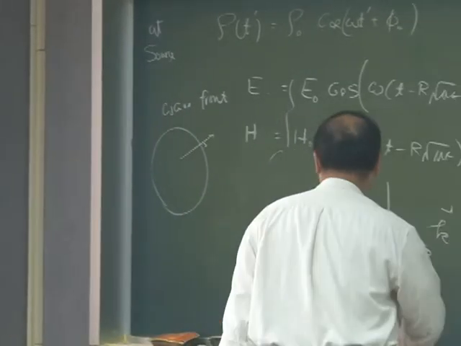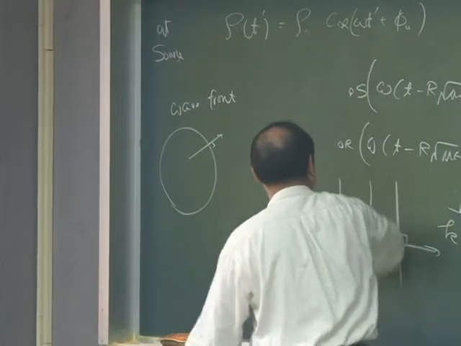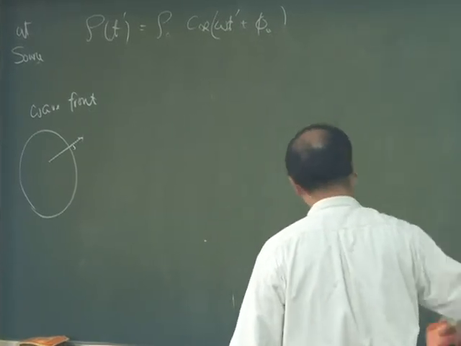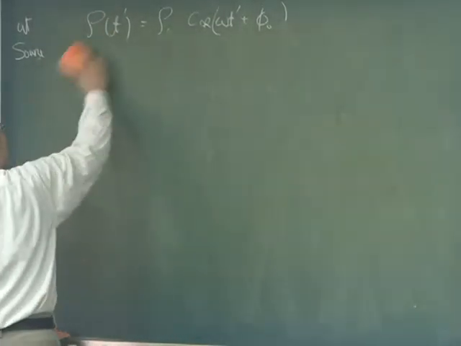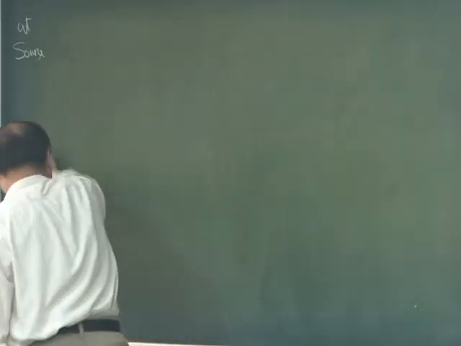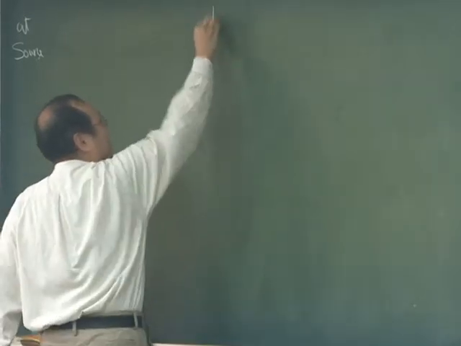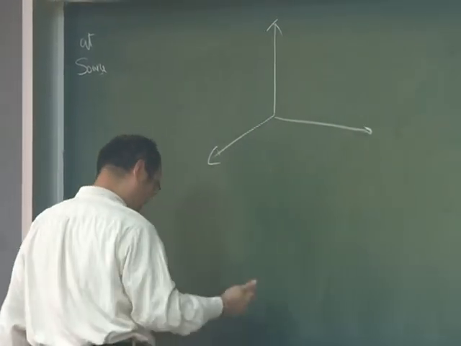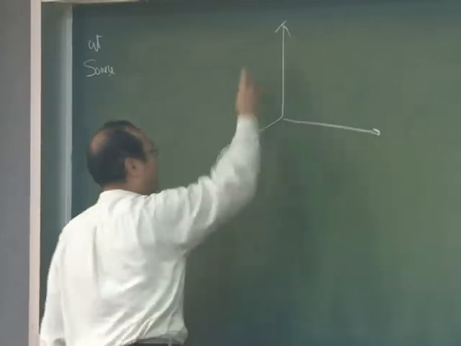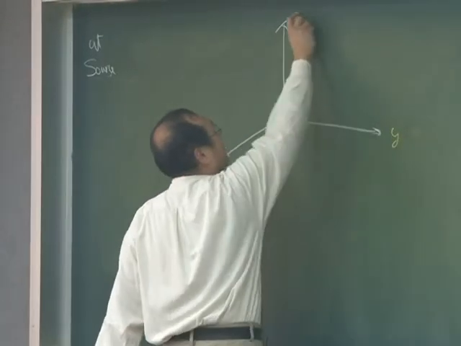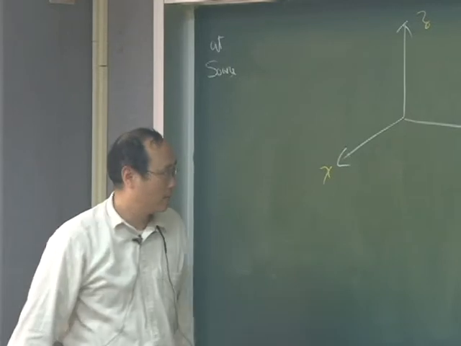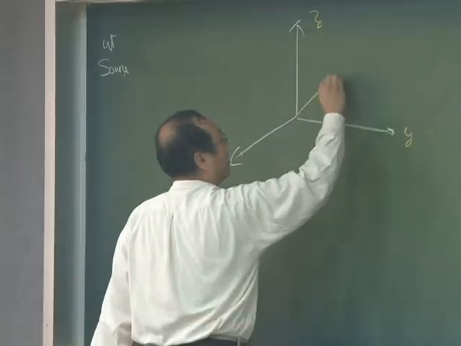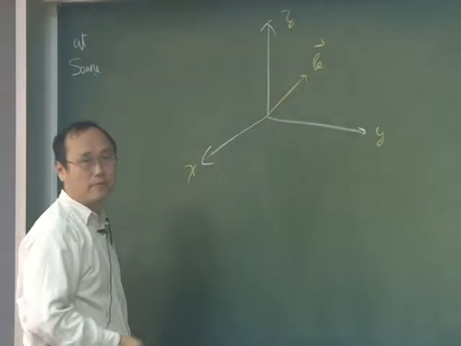So, given a k in the x, y, z coordinate system, suppose I write it like this, I can do it, right? Suppose that I have a k vector along this direction.